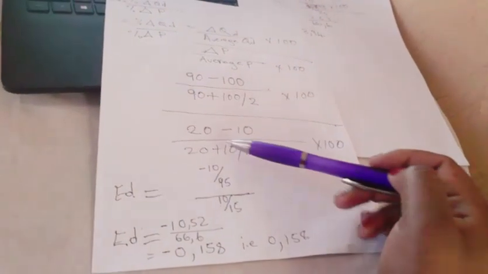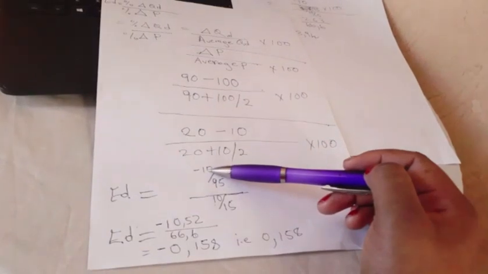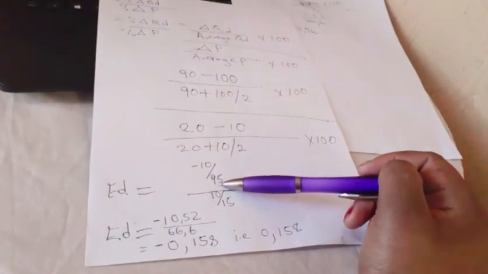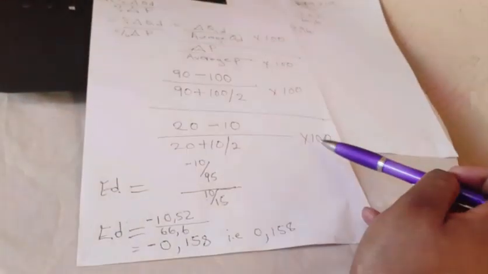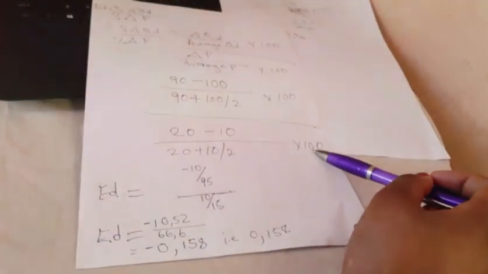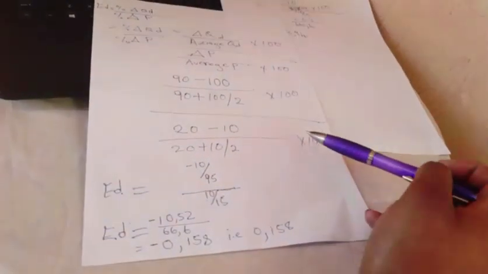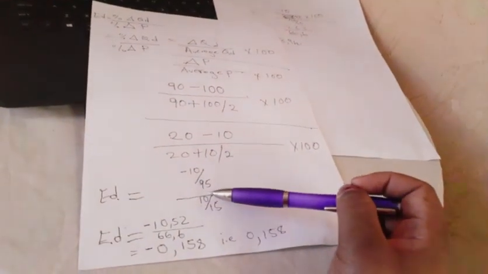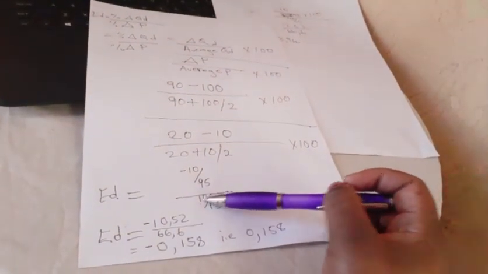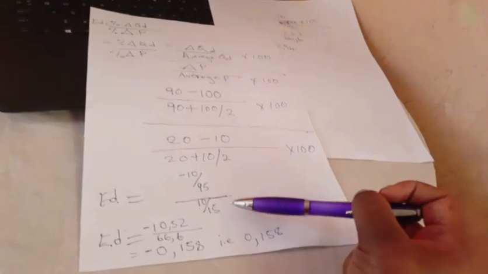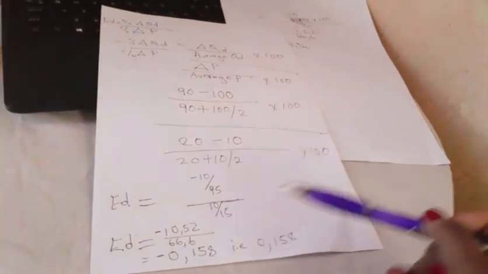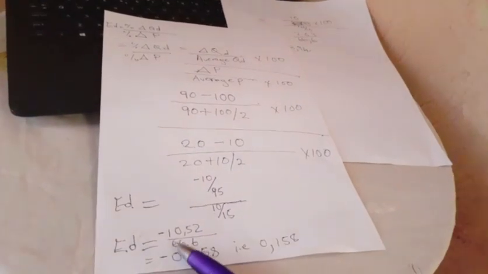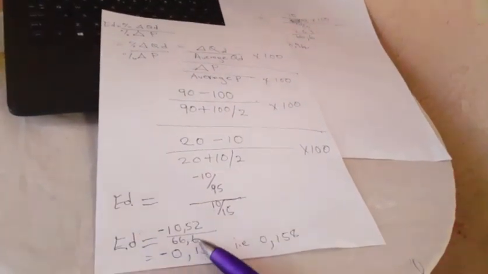Of course, after dividing minus 10 by 95, I got a number, and I multiply it by 100 because we want to make this a percentage change. Then after saying 10 divided by 15, I got a number, and I multiply it by 100, in order to get the percentage change, and that gave me 66.6.